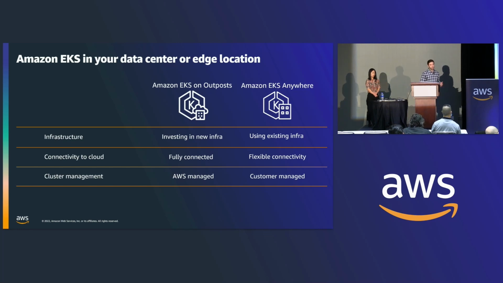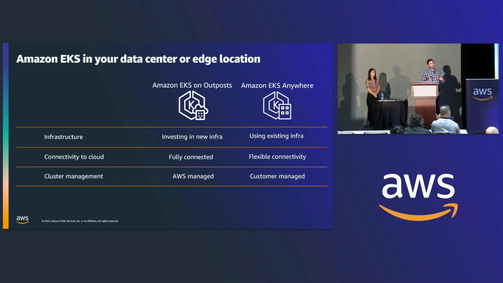And that first factor is infrastructure. If a customer is open to invest in new infrastructure and the Outpost form factors fit their bill, then we absolutely explore to the fullest the option of moving to Outpost, because Outpost is a family of fully managed AWS infrastructure that you can run in your own data center.